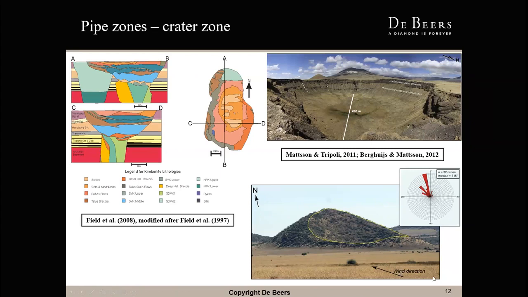It's because the wind was blowing from right to left at the time of eruption, and it deposited the bulk of the ejecta on the one side of the pipe, very little on the right-hand side, most of it on the left. So the complexities are not only inside the crater, but also in the extra-crater tuffaceous material. Depending on weather conditions, volume of magma, violence of the eruption, and direction of the blast, you can have very, very different looking craters in close proximity to each other.